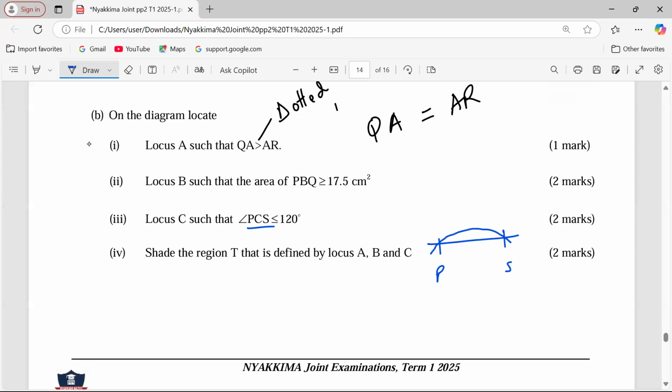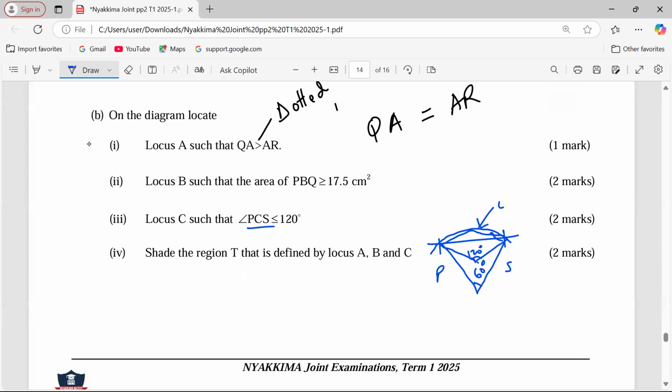So for us to get a circle locus whereby we can subtend 120, for PS to be able to subtend 120, it should be in a position to subtend the supplementary angle, which is 60, on the opposite side. For us to subtend 60 on the opposite side, we should have a center where we can subtend 120.